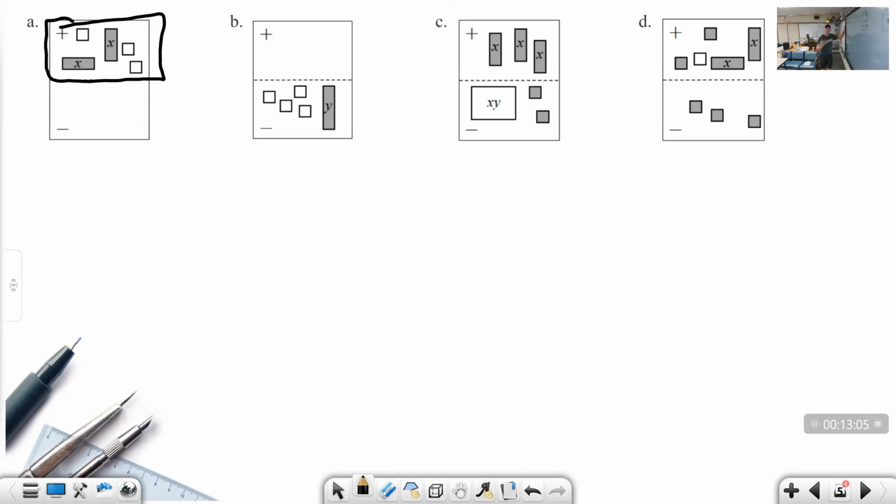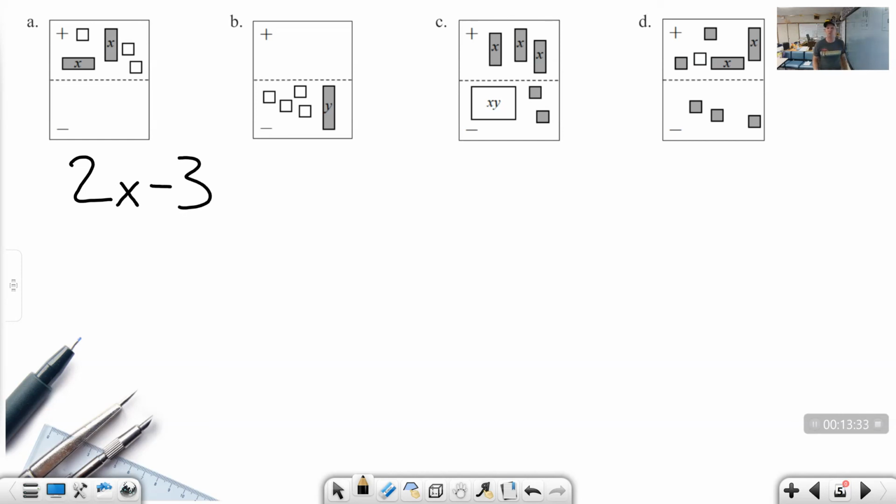If it's positive region only, everything doesn't need a parentheses. So I'm going to write what I see. How many x's do we see? That's right, 2. 2 x's. They are positive because they are shaded. Okay, how many singles do I see? I see 3. Are they positive or negative? Well, they're empty, so it's a negative 3.